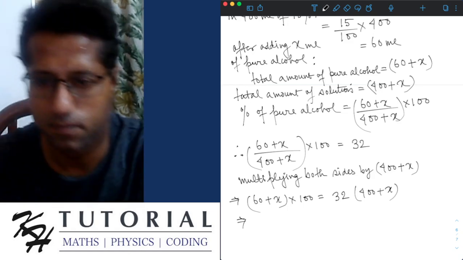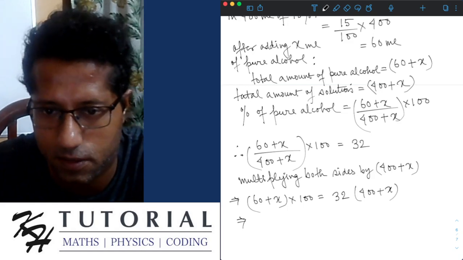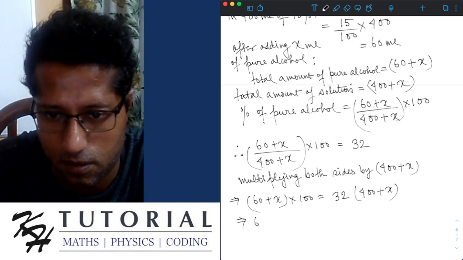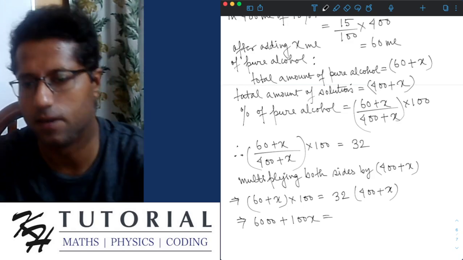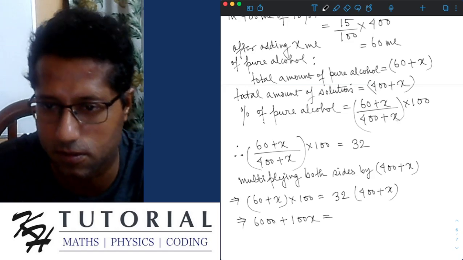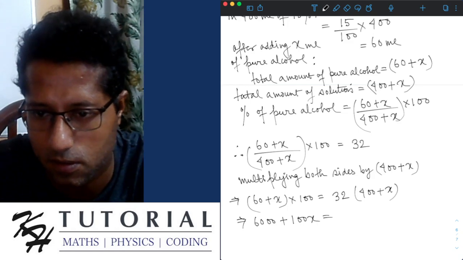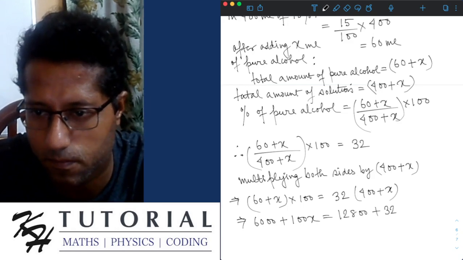If we simplify the LHS and the RHS, 60 plus x multiplied by 100 is 6000 plus 100x, and if we multiply 32 with 400 plus x, it becomes 32 into 400, that is 12800, plus 32x.